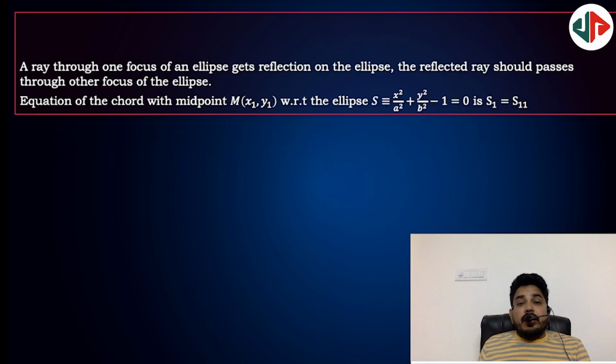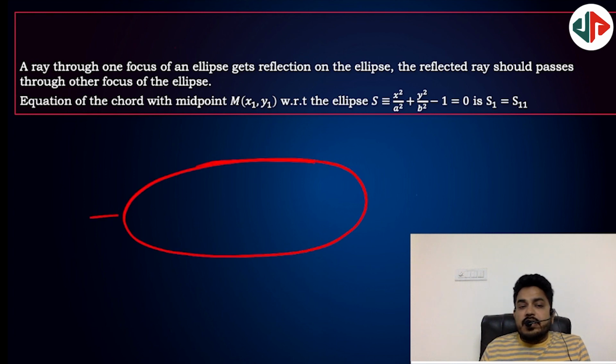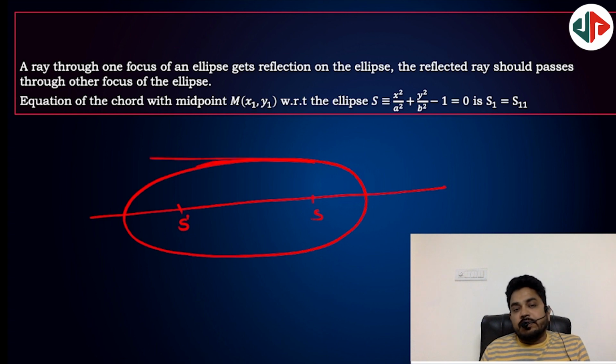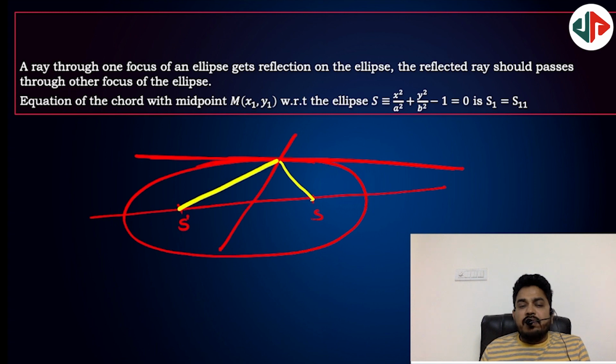Okay. Now, a very important thing, the reflection property. What is this reflection property? This is the ellipse. Here one focus S dash, here S is there. Now this is the tangent line, this is the normal line. Now the angular bisector of these two will be these things.